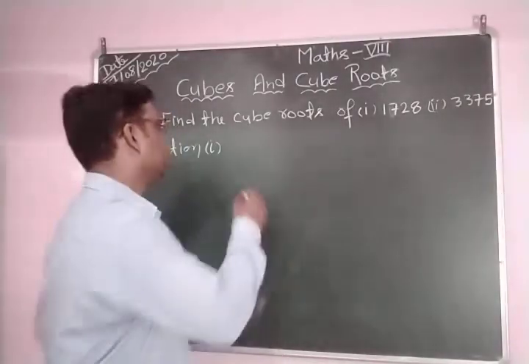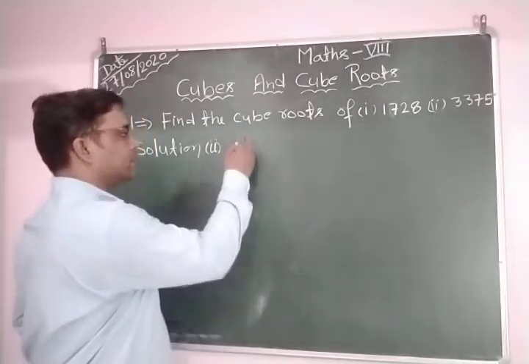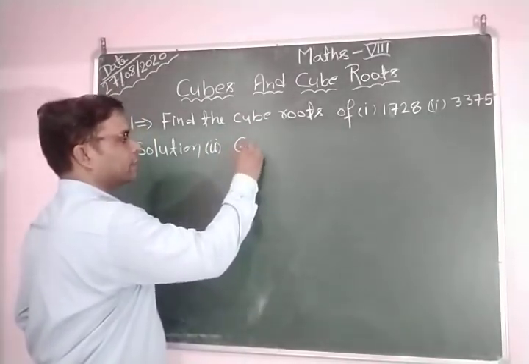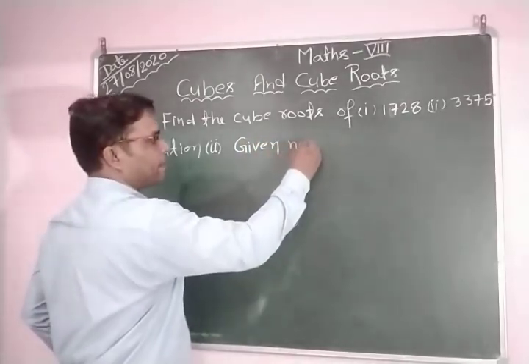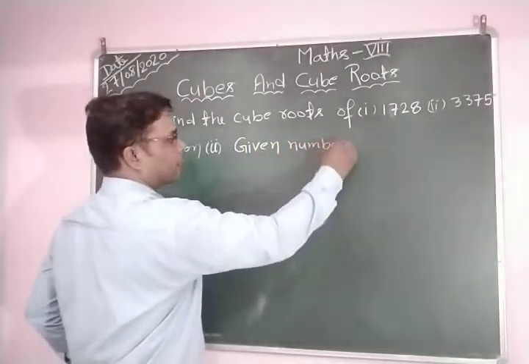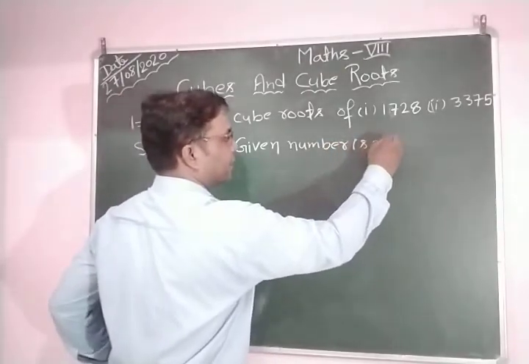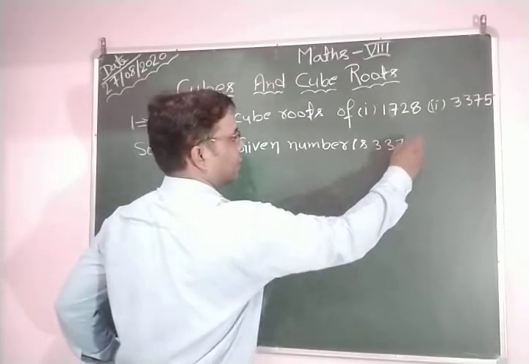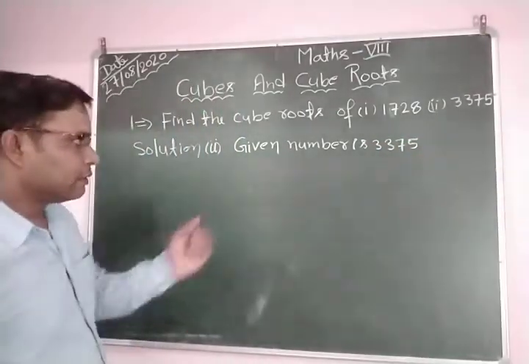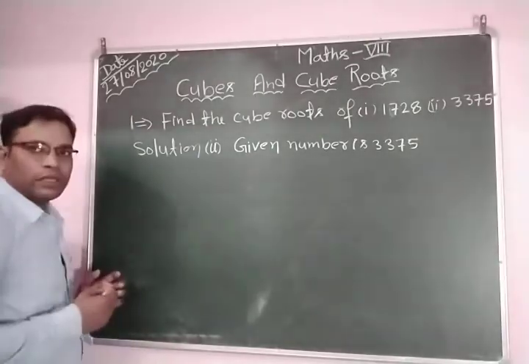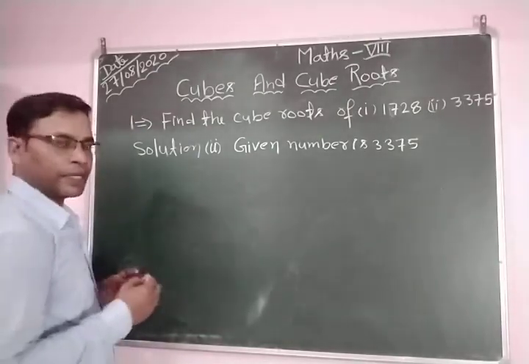This is the second part of this question, and the given number is 3375. Now we express it as a product of prime factors.